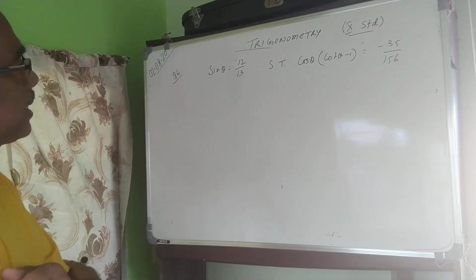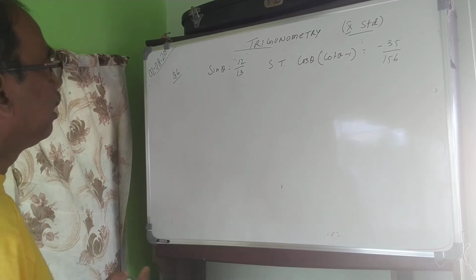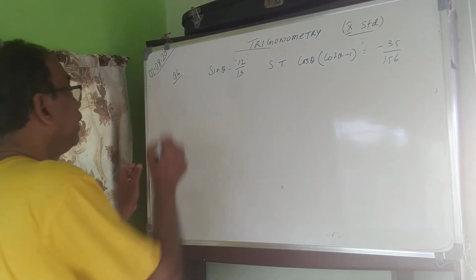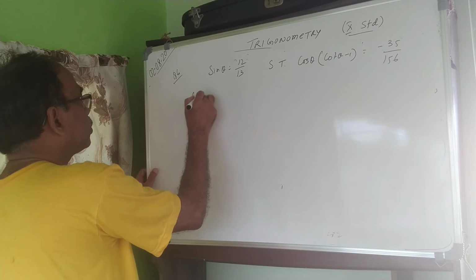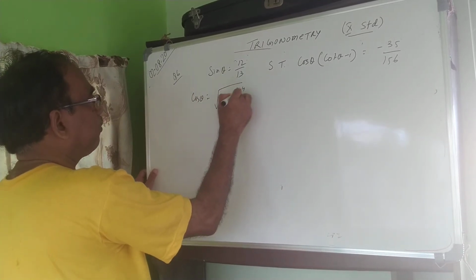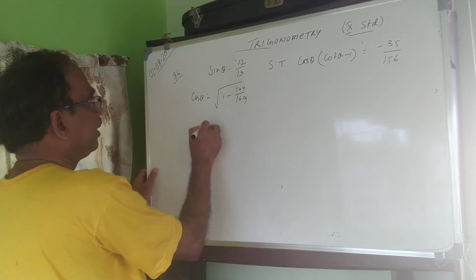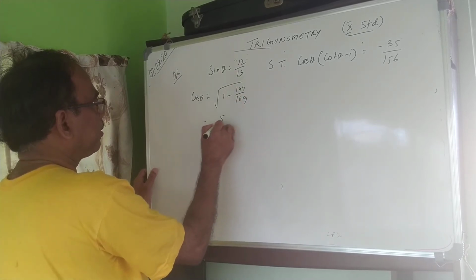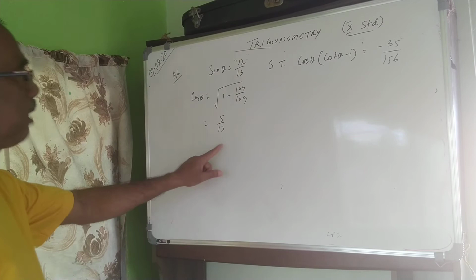Here, this sum could be done easily by the trigonometric way. Sin theta is this, then cos theta is root over of 1 minus sin square theta, that is 144 by 169. That is 5 by 13. We got the cos theta value, put it here.